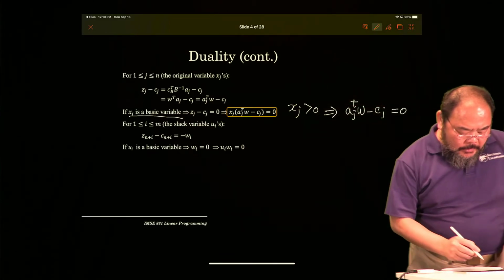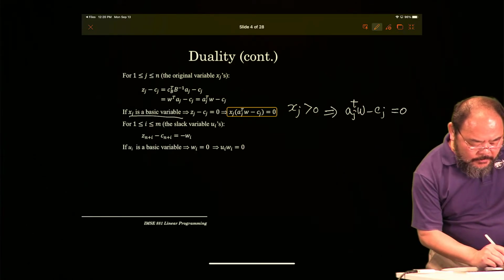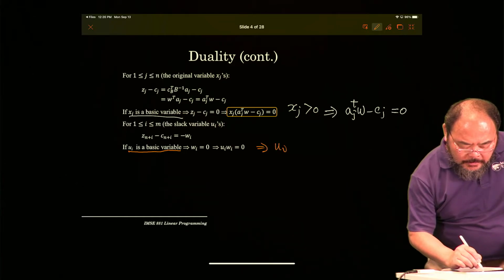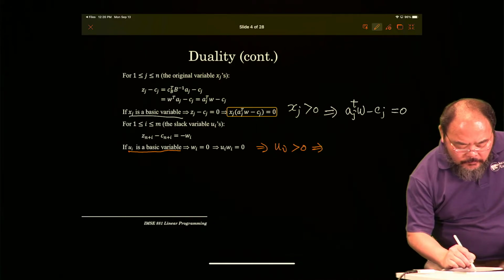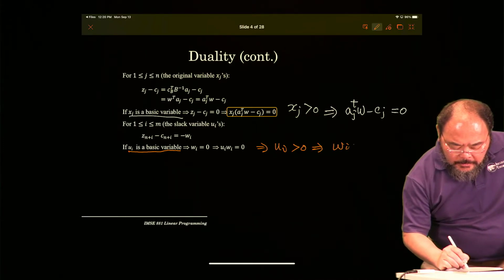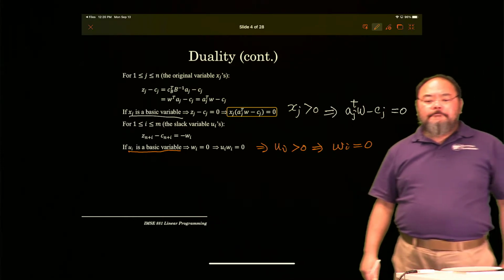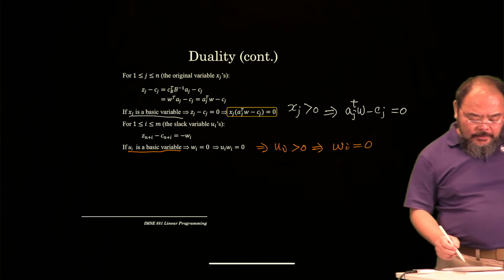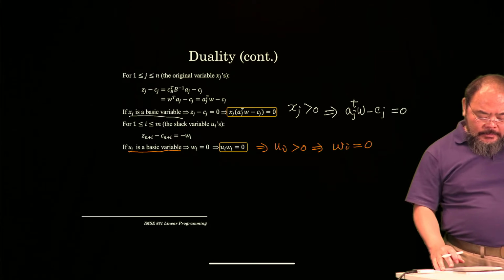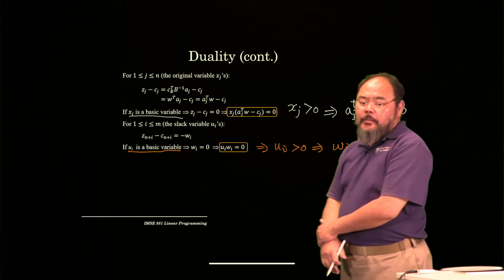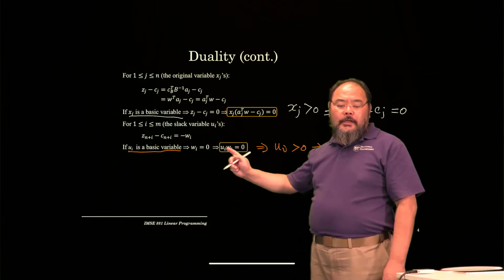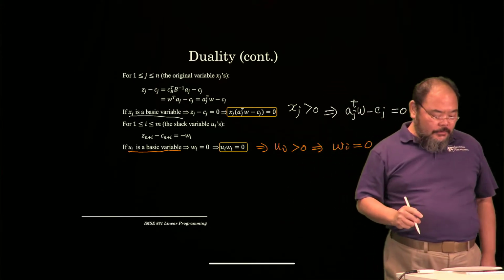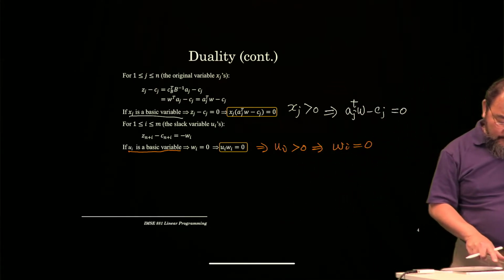Similarly, if ui is a basic variable, that means ui is greater than 0, and therefore omega i is equal to 0 in this case. So that gives me some kind of relationship to follow. Therefore, the conclusion on this part is the primal surplus times the dual variable equals 0. So that's another conclusion we have.